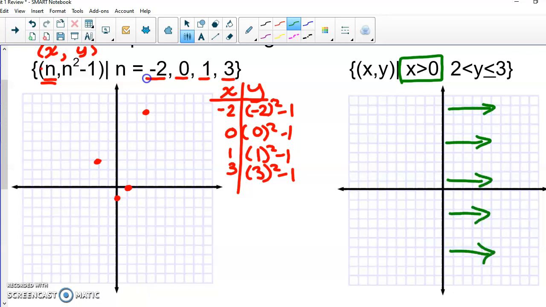So anywhere in that first and fourth quadrant would fit that first. Here we've got that y must be between 2 and 3, inclusive of 3. So our y values can include anywhere from 2, not included, to 3, which can be included.